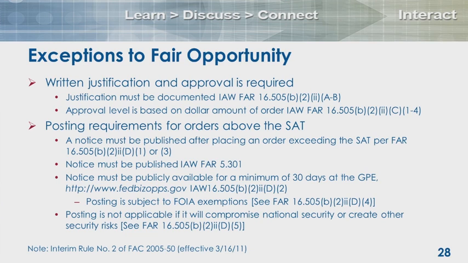There are posting requirements for orders above the simplified acquisition threshold. This is a FAR requirement, not a GWAC requirement, so it's nothing different here. So if you decide to do a sole source, there are certain things that you have to do.